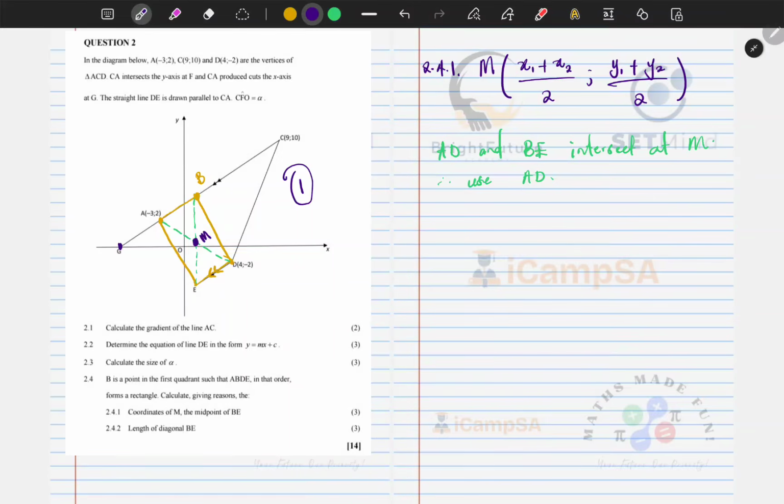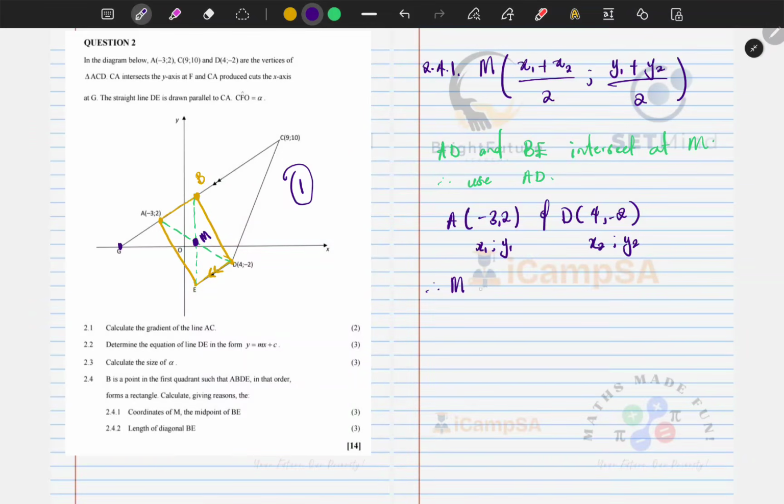So in order for us to find the coordinates of M, we are going to look at A, and your A is -3 and 2, and your D is 4 and -2. So this is your x1, y1, your x2, your y2.